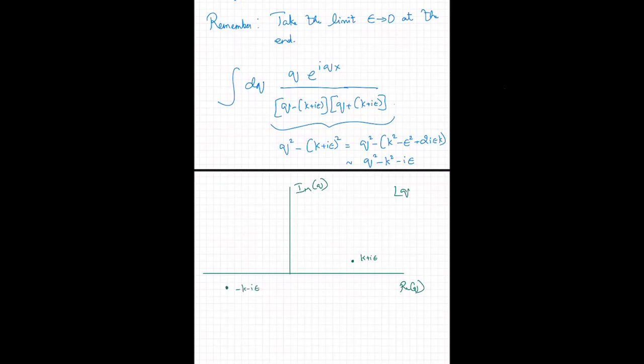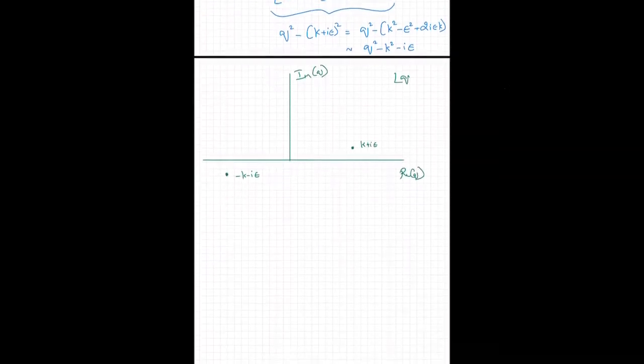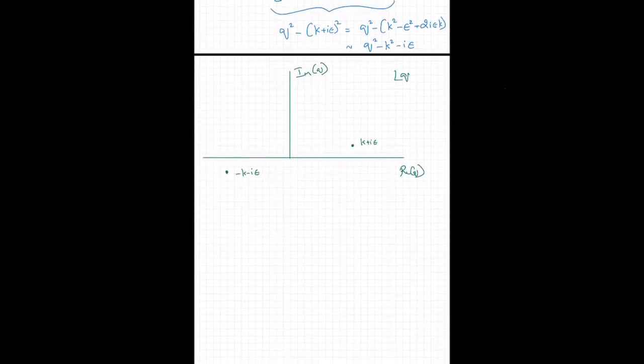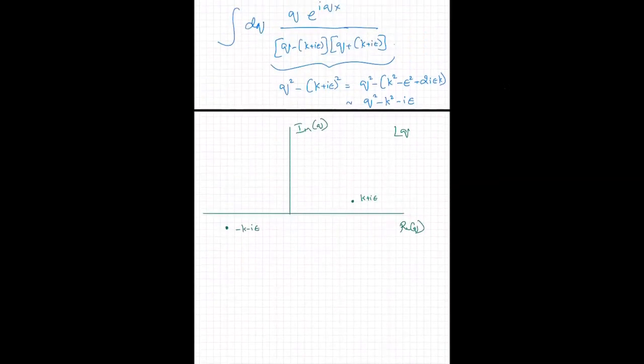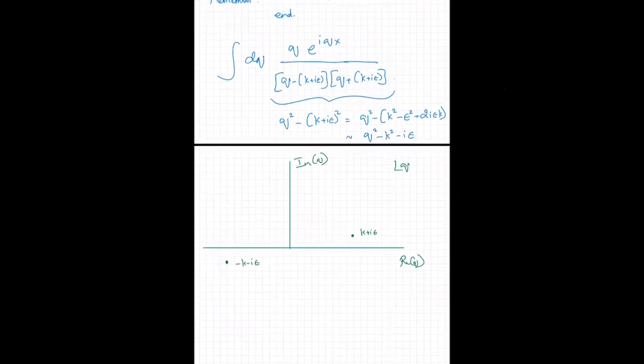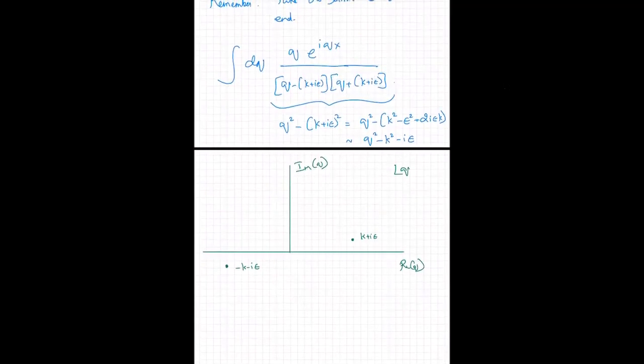Now I have to choose a contour. What is the contour that I will choose? I want to cover the entire complex plane as much as possible. I can choose an entire circle or cover just the top half or just the bottom half and pick up one or both of these poles. If I pick up one of these poles, I will simply use the Cauchy theorem and claim that I'm dealing with an analytic function except one small point where it has a singularity.